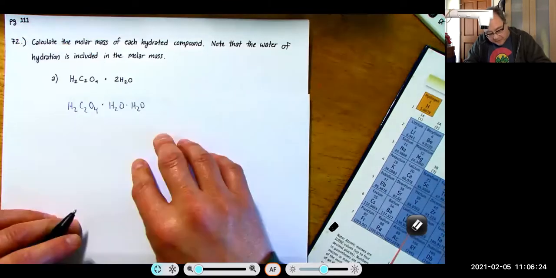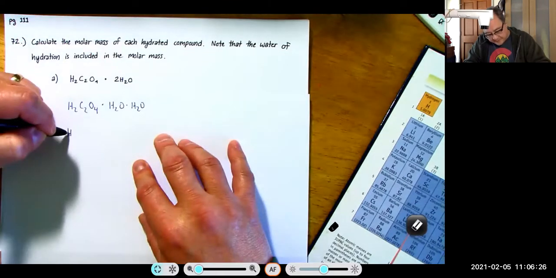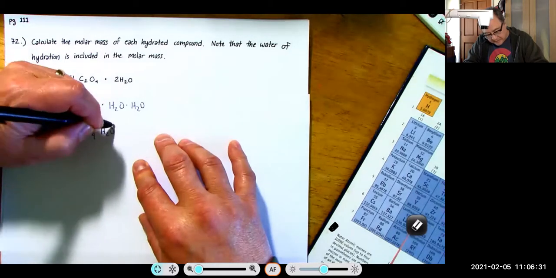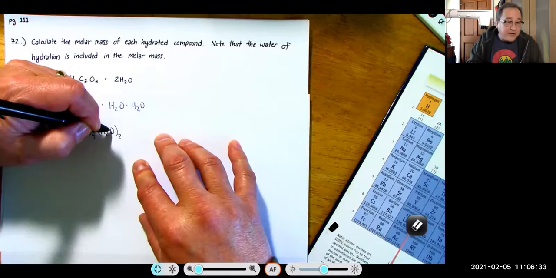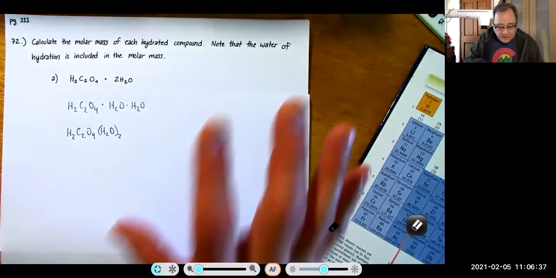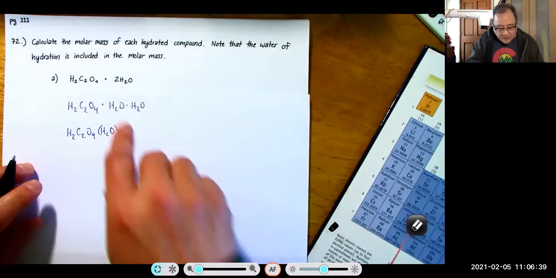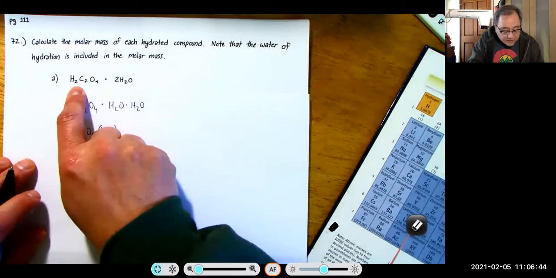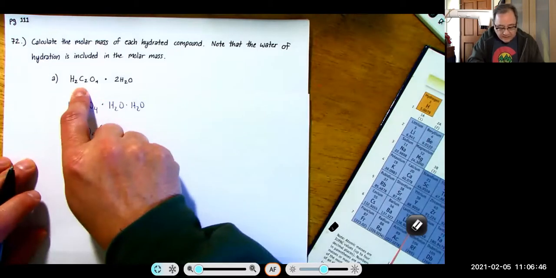This would probably be better if we did this, because that would be more of the standard form of writing these things, but it's not how it's done. For these compounds that are called hydrates, you put the number of H2Os with the ion, usually an ionic compound, like that.